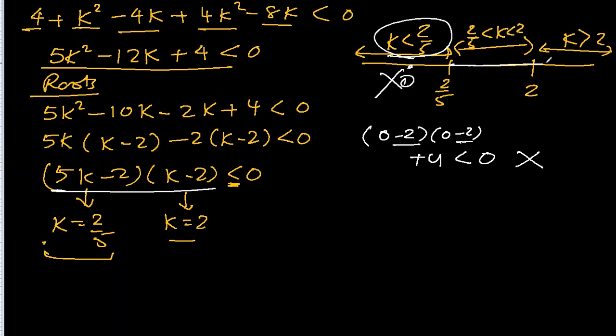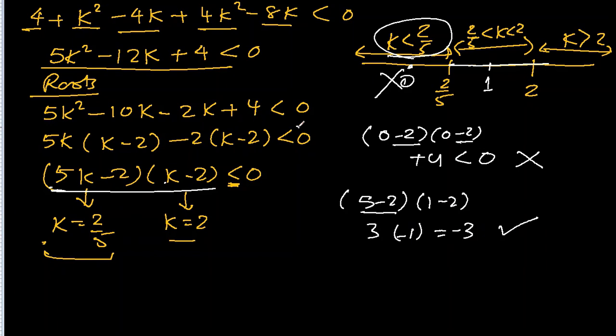Let's take a number between 2/5 and 2. Let's say 1. So if I put 5 times 1, that will be 5 minus 2, and 1 minus 2. So it will be 3, and this will be minus 1. So the answer is minus 3. Yes, it's negative. It is less than 0, and less than 0 is what we wanted. So this is the answer.